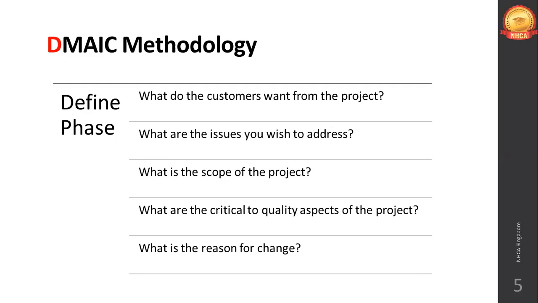Documentation of the customer's business processes and project team formation are done here, because team formation will be done in the define phase. Who will be on the team, and what will be their role? Developing a project charter means: how many people are there in this project, what is the objective of the project, who will be the head leading the team, who is the team leader, and who will be answerable to whom?